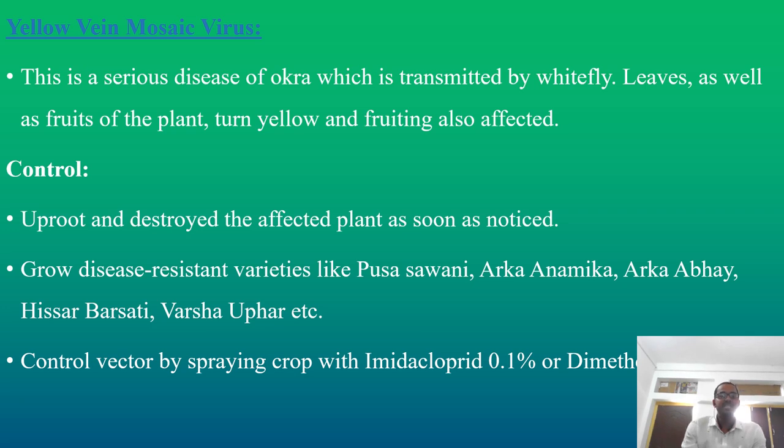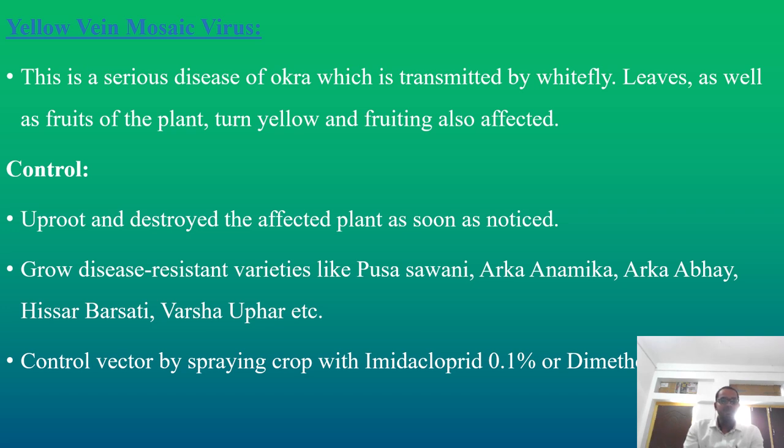The next very serious disease is yellow vein mosaic virus. As the name suggests, it is a viral disease and it is transmitted by whitefly. The infected leaves as well as fruit turn yellow, and fruiting is also affected on the virus-affected plant. To control yellow vein mosaic virus, we have to first identify which plant is affected.